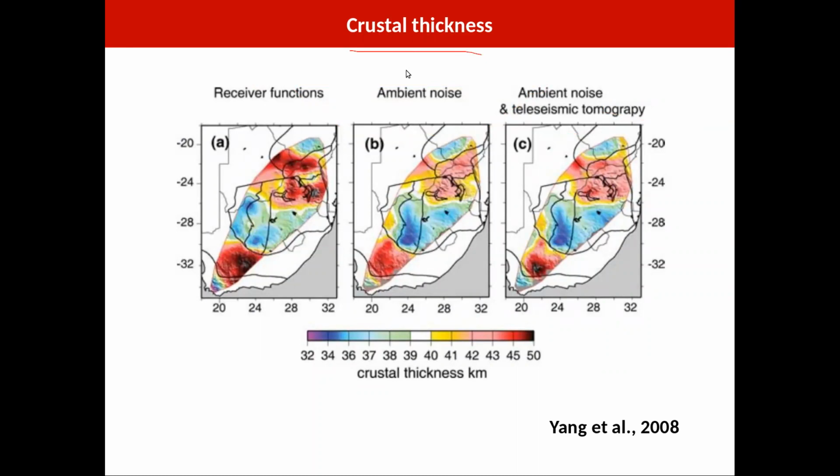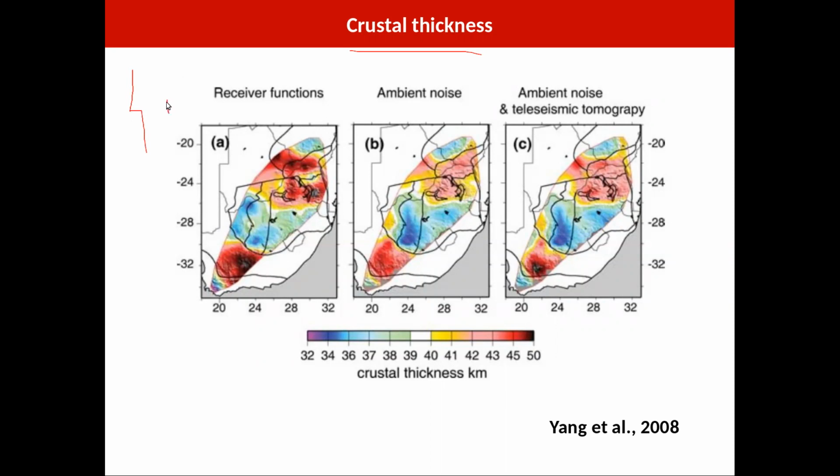So yesterday we said surface waves usually cannot really constrain the discontinuities within the lithosphere. But in practice, what we do is use some velocity contours to describe the crust-mantle boundary.